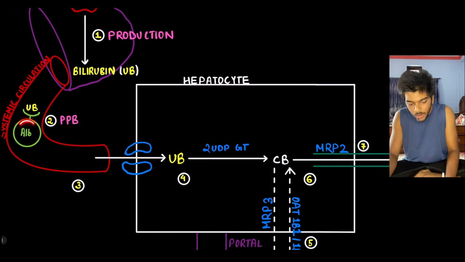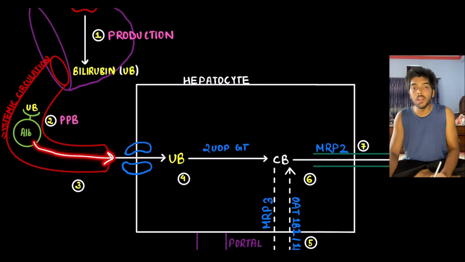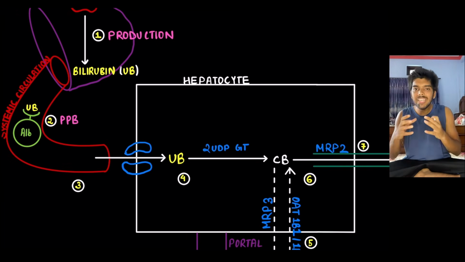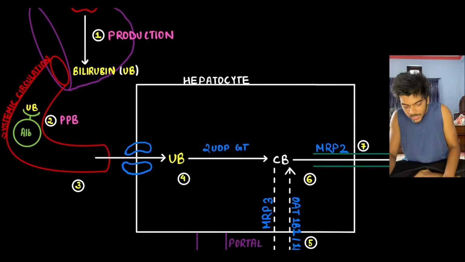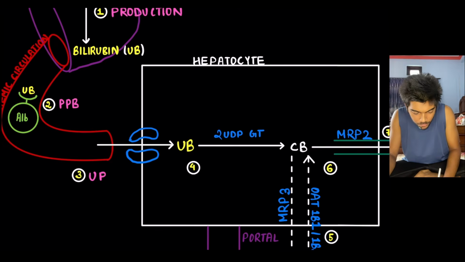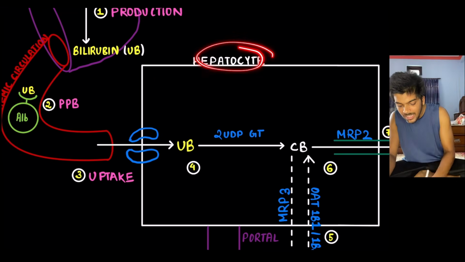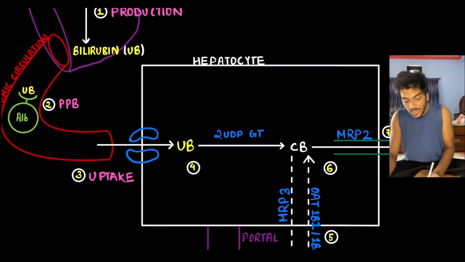The plasma protein albumin carries the unconjugated bilirubin to the liver for the process of conjugation, where first the liver cell takes in the unconjugated bilirubin, which is referred to as uptake. After uptake, inside the hepatocyte, the conversion of unconjugated bilirubin into conjugated bilirubin takes place, which is referred to as conjugation.